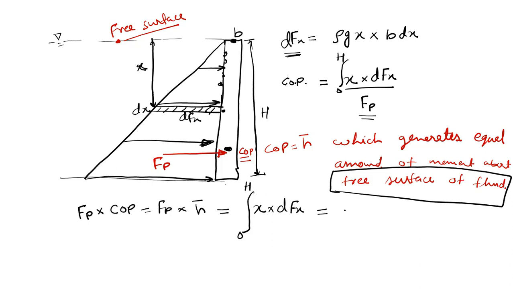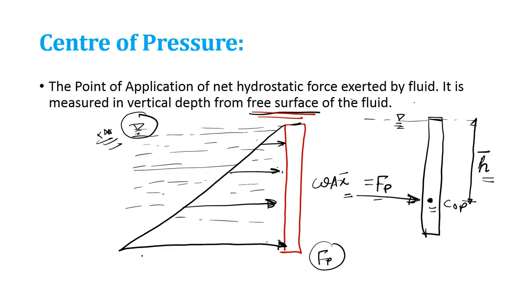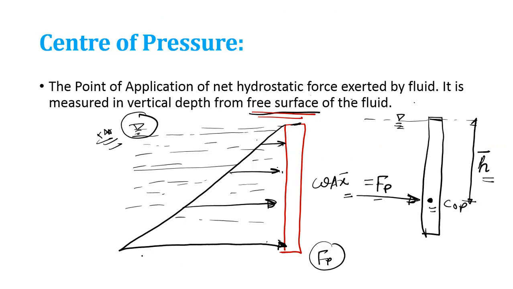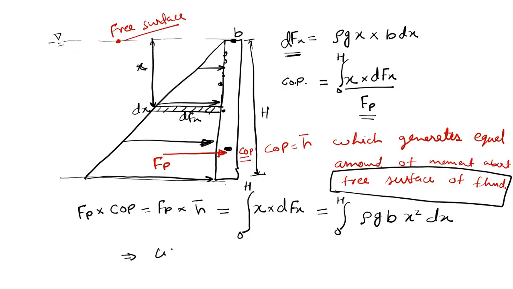So what will it become? Integral from 0 to h of rho g b x square dx. We have calculated the value of Fp in previous slides. What is it? Rho g b H square by 2, into h bar.